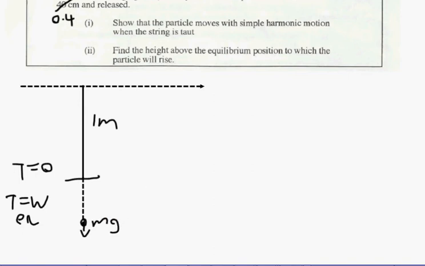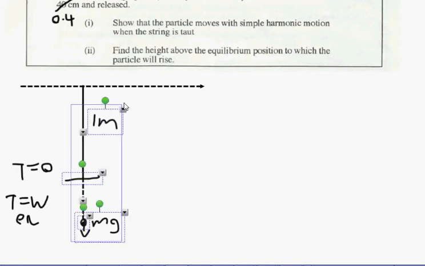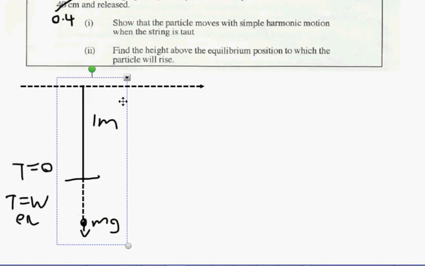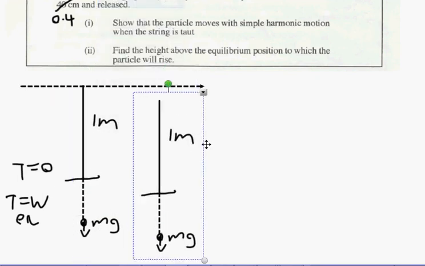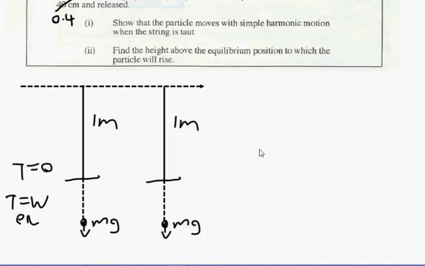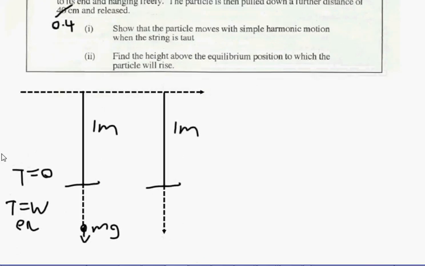Now, what happens next is we then go in here and we end up extending it further. So this part here is gone, and then we extend it by how much?